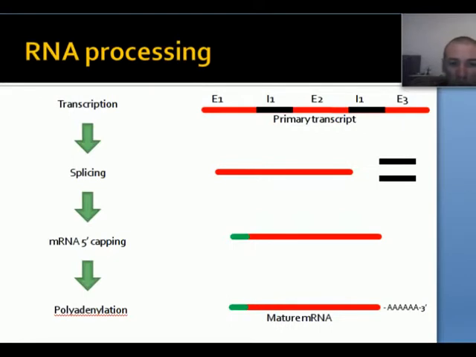It's very important also for the nuclear export, for translation, and for the stability of messenger RNAs. This tail is shortened over time. This is because a messenger RNA, when it reaches the ribosome, can be translated many times, so many proteins can be made from this message.